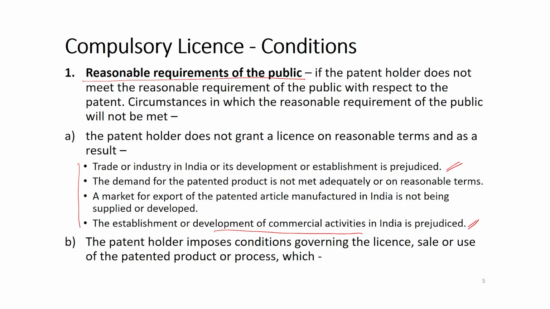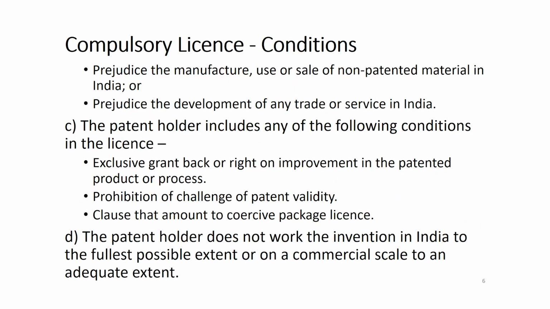The second situation when you can say that reasonable requirements are not met, is when the patent holder is imposing conditions which prejudice the manufacture, use or sale of non-patented material in India. You see, I am willing to give you license to sell my product, provided you undertake not to sell my competitor's product.